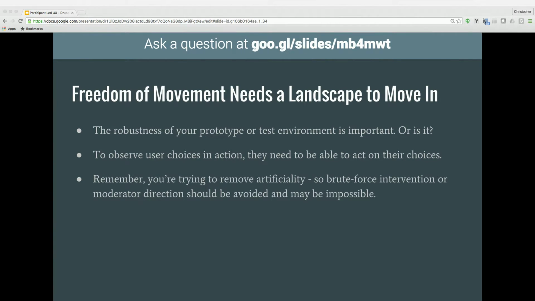You're trying to remove artificiality, so brute force intervention and moderator direction is something that you don't want to do. In many cases, traditional usability would say, all right, here was the task path. Now we were here, now we went on this tangent for spatulas, and somehow I've got to get you back here to finish this test. When you're participant-led, there's no such thing as getting you back on task, because it's their task.